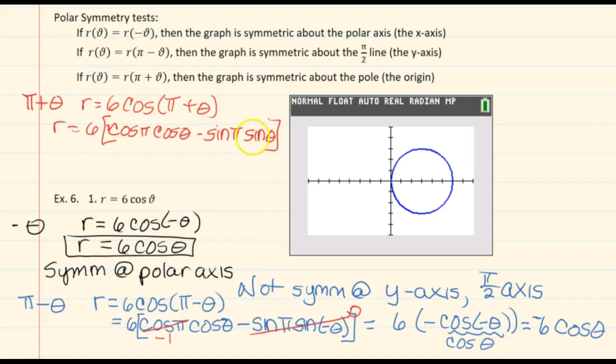And again, we know sine of pi is equal to 0, and we know cosine of pi is negative 1, which means our equation is the same thing as r is equal to negative 6 cosine theta, which is not the same as our original equation, so it is not symmetrical about the pole.